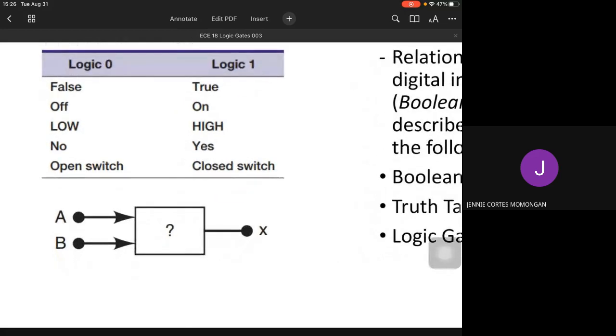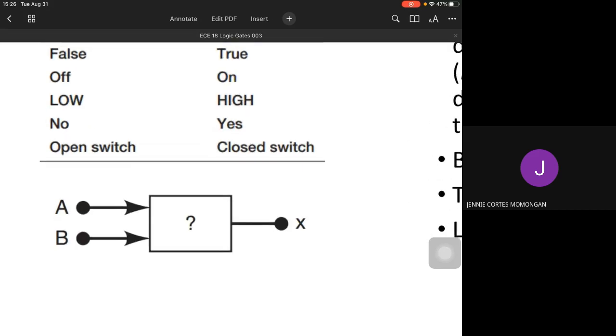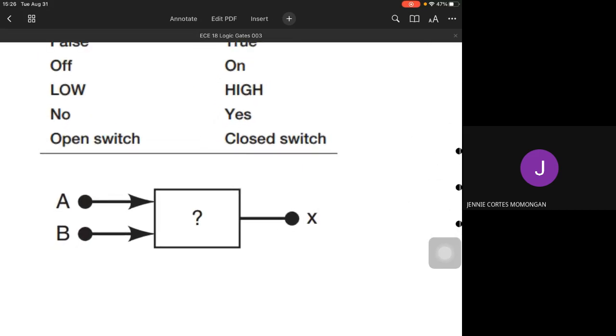Both logic 0 and logic 1 could represent either the inputs or the outputs. So in this system, we have inputs, output, and the system itself, which is in the middle. You could say at this point that our system is just a black box. We don't know what is inside our system.